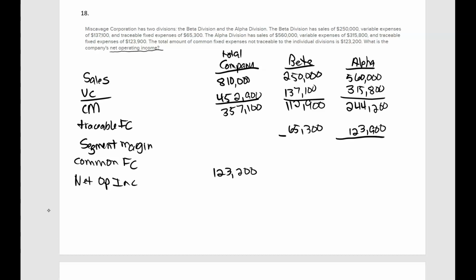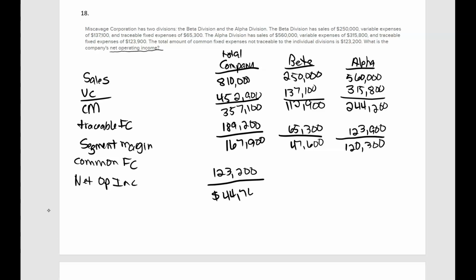And then we can subtract these to get the segment margin. Add these two together to get our total traceable. Subtract the company contribution margin from the total traceable, 167,900. Subtract the common fixed expenses to give us a net operating income of 44,700.